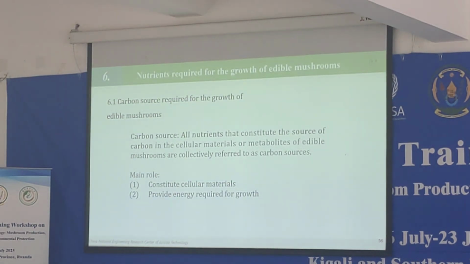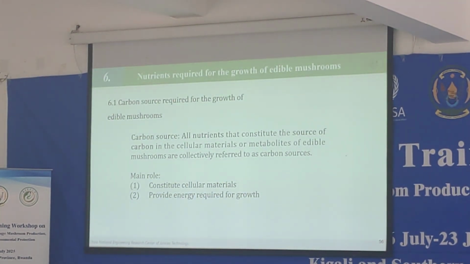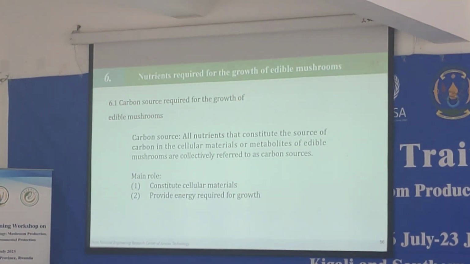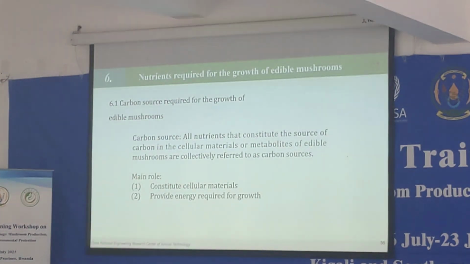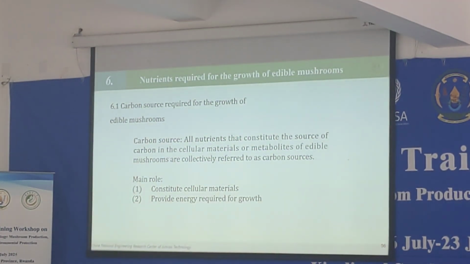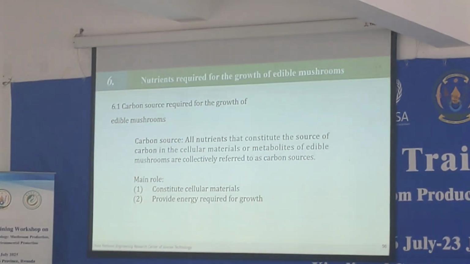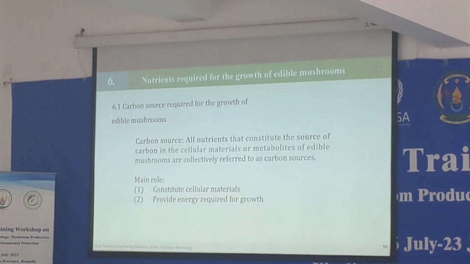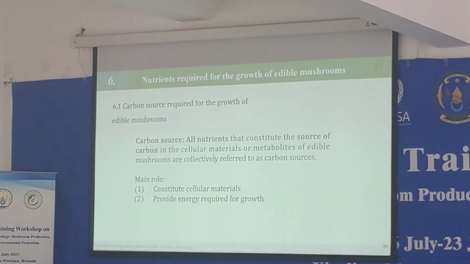Grass has some nitrogen source, some protein, but little; most of the nutrients are carbon source. For wood, sawdust, grass, and crops, we call this carbon source. Carbon source can provide nutrients and energy for mycelium and mushroom growth, and it constitutes the cellular materials.